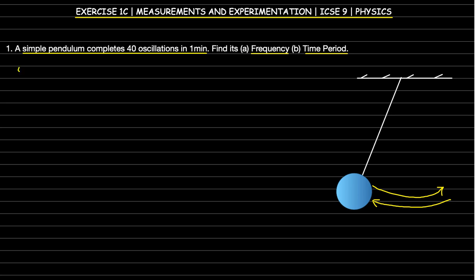So I would write here, frequency is equal to 40 oscillations divided by 1 minute.